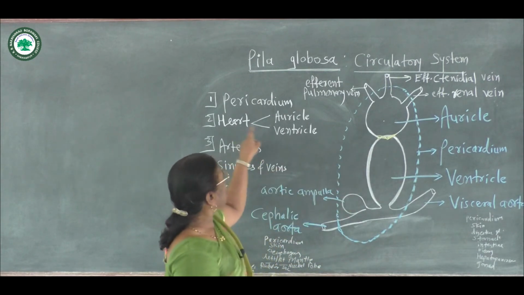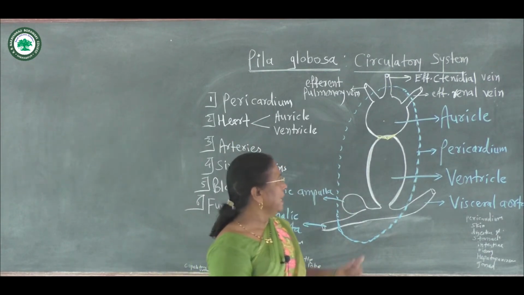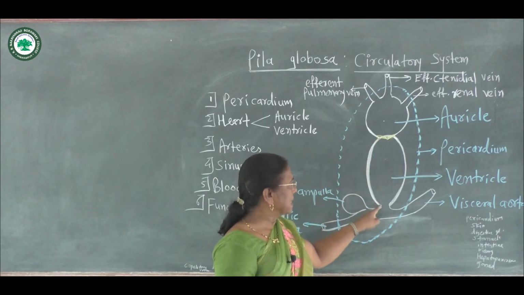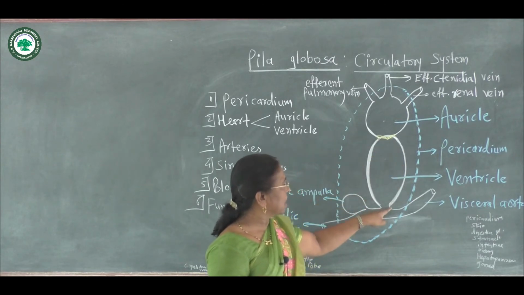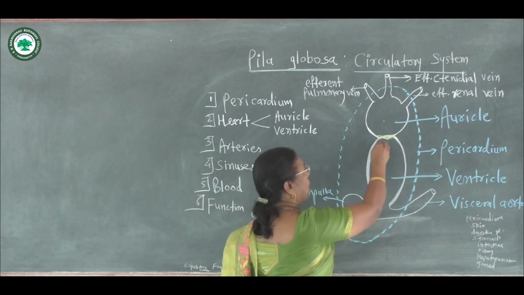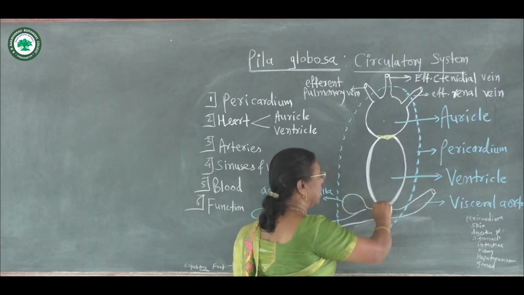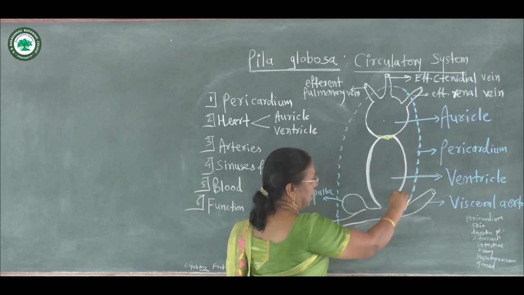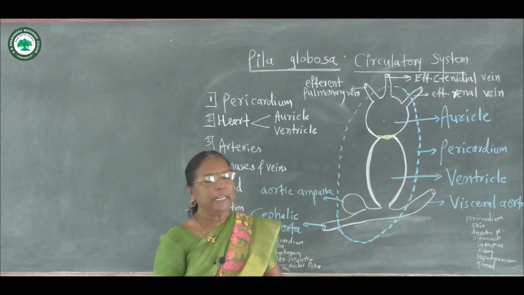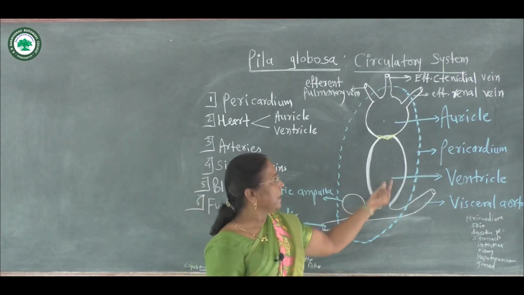Then the second chamber is the ventricle. The ventricle is an ovoidal sac or bag-like structure. It is thick-walled, and its thick walls reduce the internal cavity.